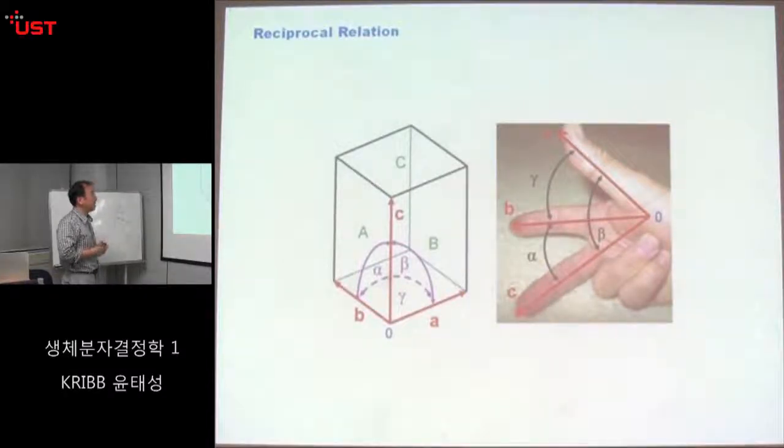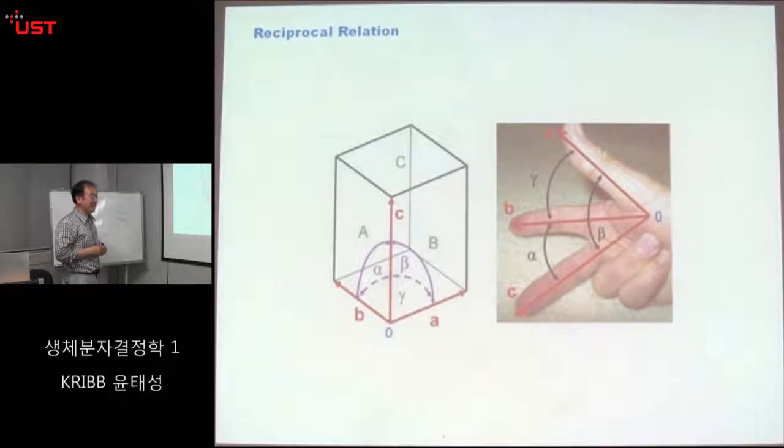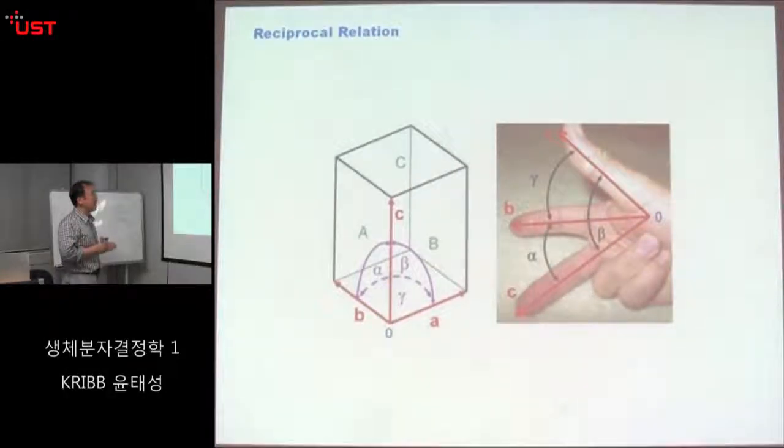The symbol P in P1 means what? P stands for primitive. C stands for C centering, and F stands for face centering. So P means no centering, or just primitive.